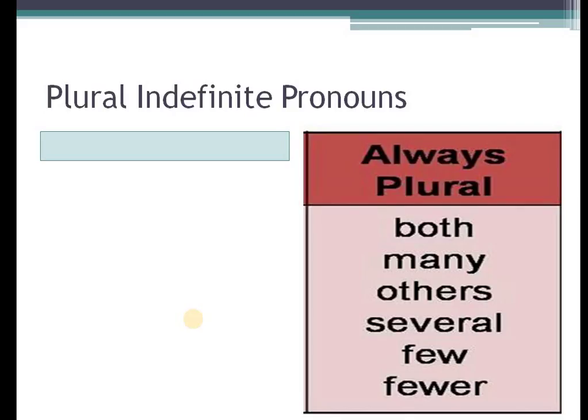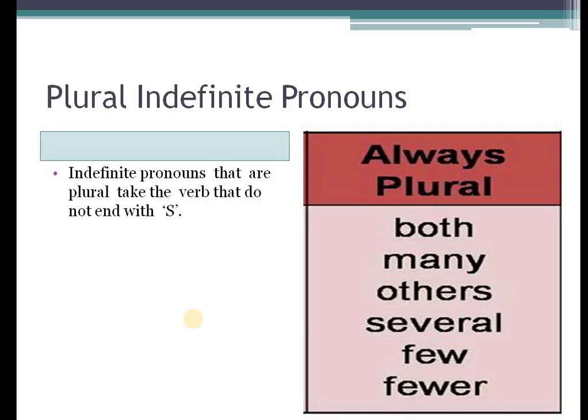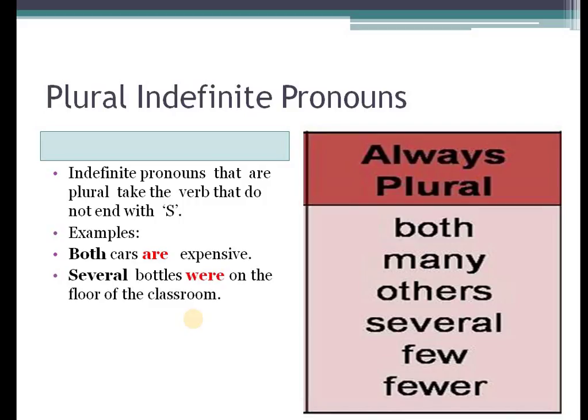So now we're going to look at the plural indefinite pronouns. Plural indefinite pronouns are both, many, others, several, few, fewer. As we said, they take the verb that does not end with S. Examples are: both cars are expensive, because we're not talking about one, we're talking about both of them.